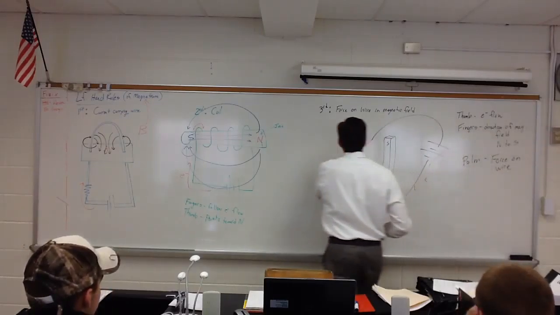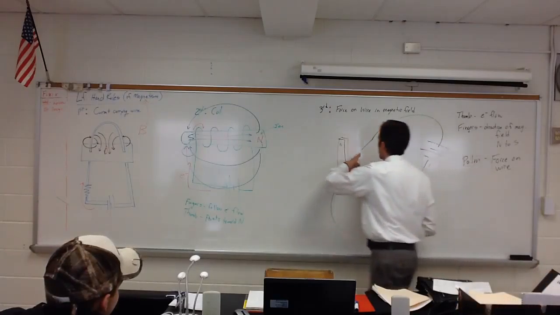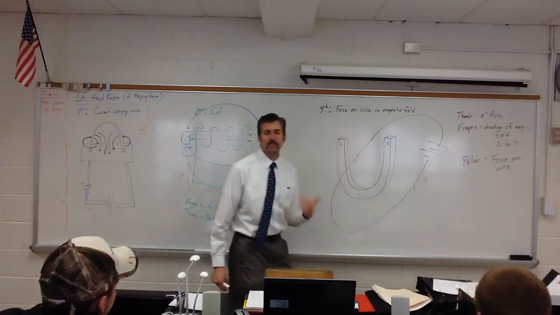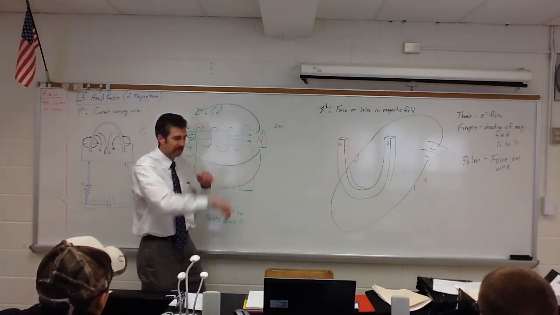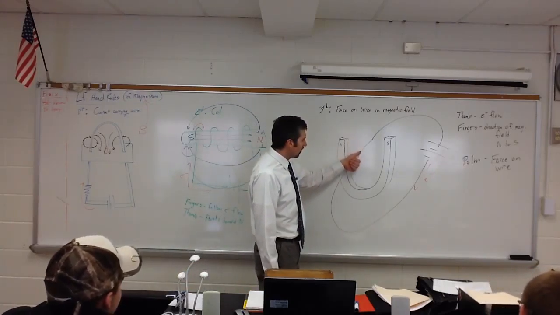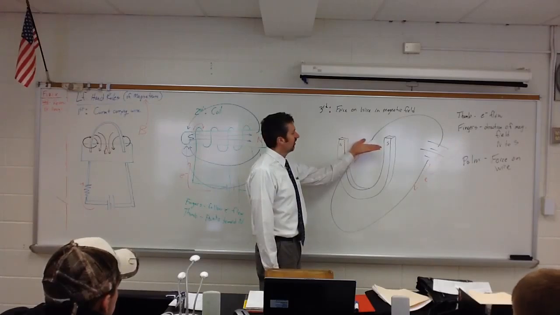Whichever, you can turn your hand. At this point, you don't really know which way to turn your hand, so your thumb is just pointing that way. But the second thing says your fingers need to point in the direction of the magnetic field, or north to south. Your fingertips need to point towards the south. So, when I'm at this position here, with my thumb going this way, my fingers have to point towards the south.